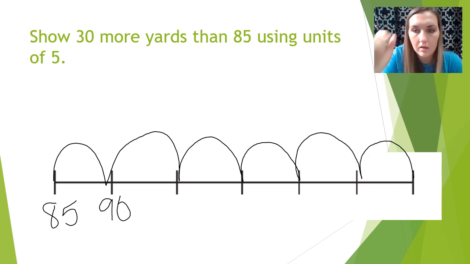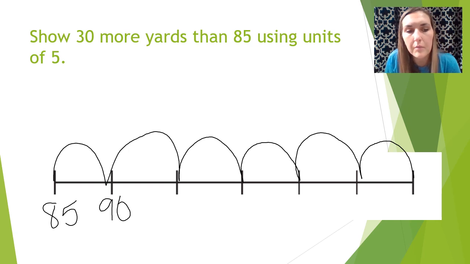Stop there. We stopped at that point because I counted 30 more. Draw the jumps on your number line, and then I want you to go through and label each hash mark. So write down the numbers that match each hash mark when we count on from 85 by 5s.